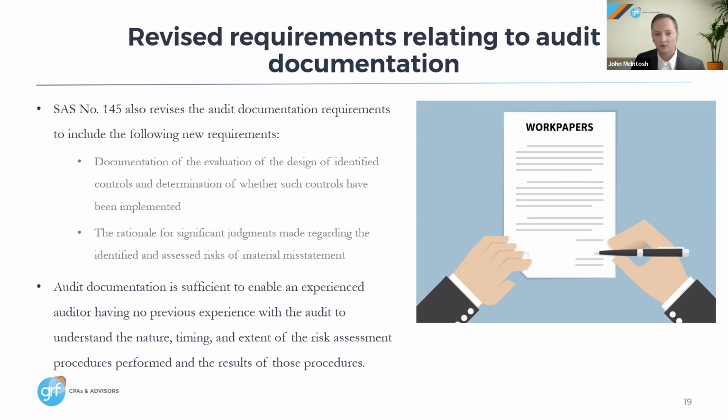Documentation of the evaluation of the design of internal controls and the determination of whether such controls have been implemented, the rationale for significant judgments made regarding the identified and assessed risk of material misstatement, and of course, the auditor should document the steps they took with regards to all the new requirements and guidelines that we've covered so far today.